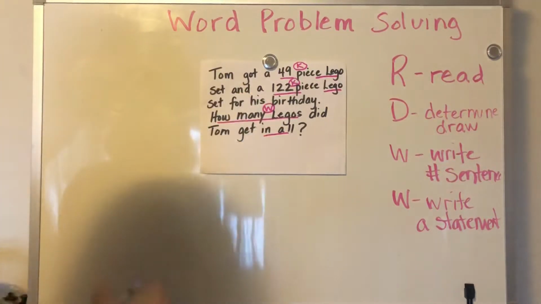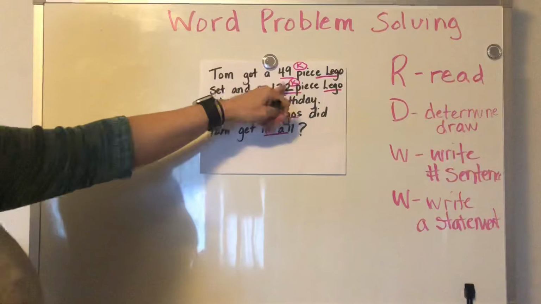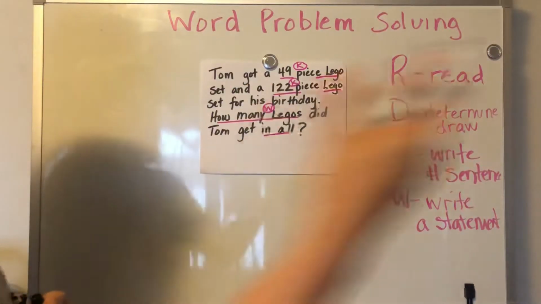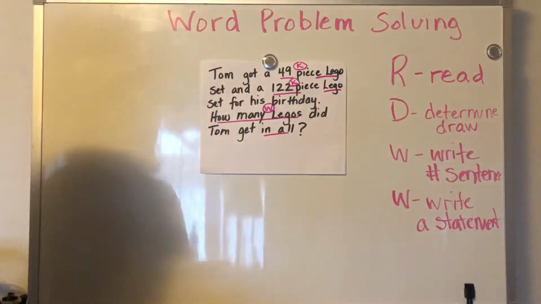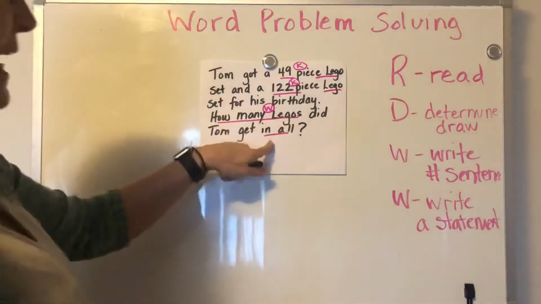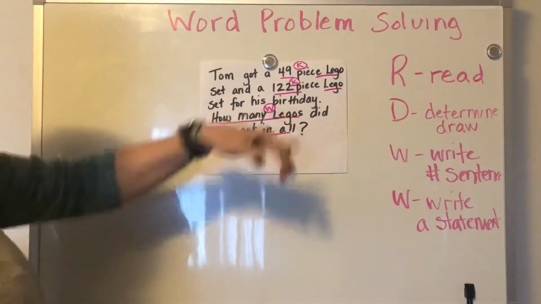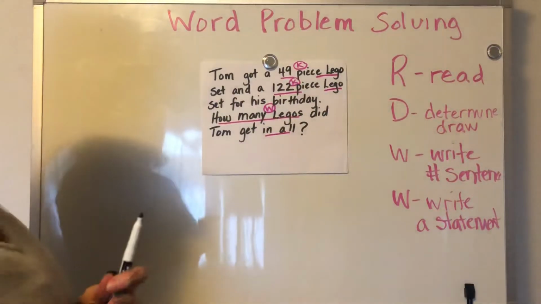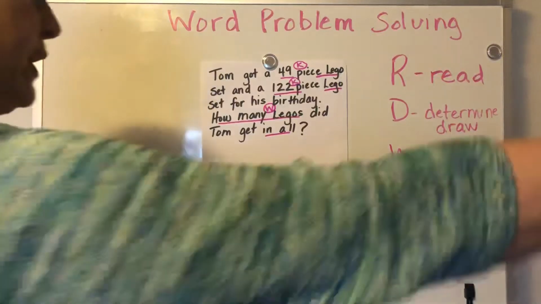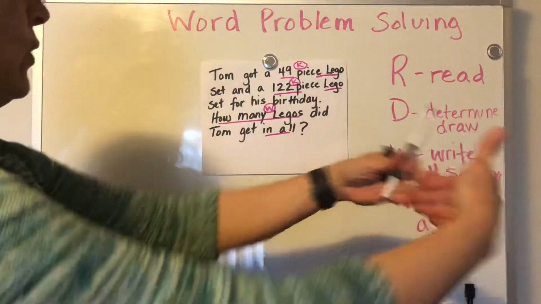So I'm looking at this and I see that Tom's got 49. I'm visualizing those 49. He has another 122. How many in all? So these words right here are a really big clue to me. How many does he have in all? So that is talking about grouping them together. The 49, the 122, putting them together.